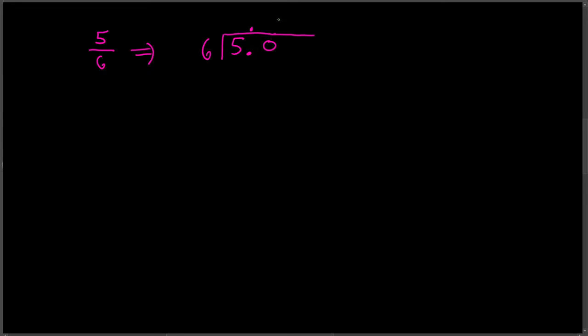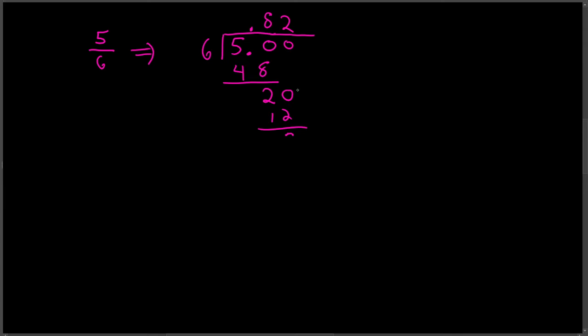So 6 goes into 50 8 times. 8 times 6 is 48. Subtract. Grab another 0. 6 goes into 20 twice. 2 times 6 is 12. Subtract. No.